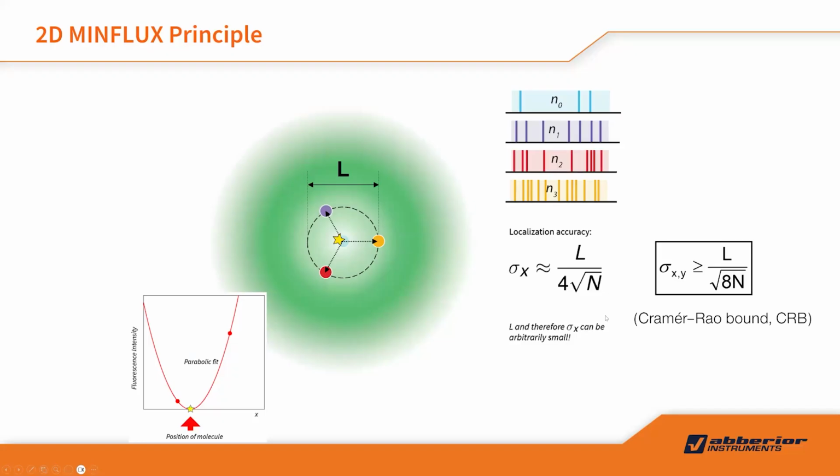L is a kind of distance, and N is all the signal photons we count. In x, it's L divided by the square root of 16N, and in xy, it's even worse than one axis, right? It's easy to understand. The formula behind the accuracy is actually the Cramér-Rao bound.